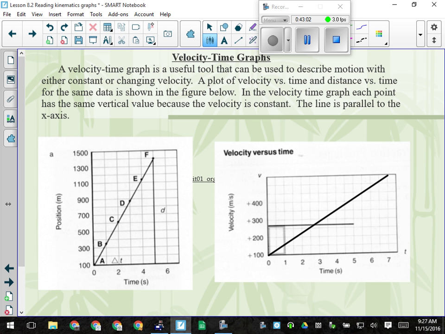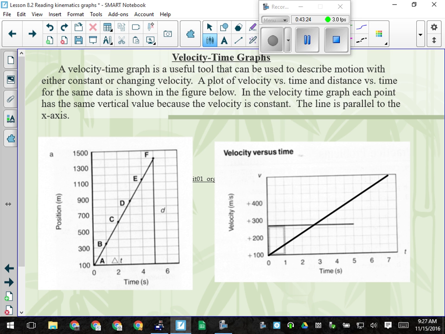For that diagonal line, how would I calculate the displacement of that object? No, that won't help me find the displacement. Right.